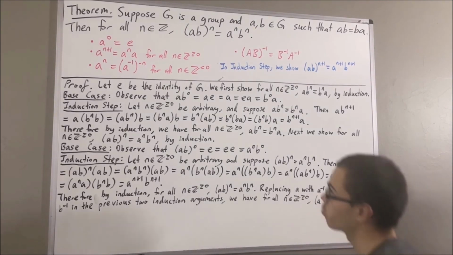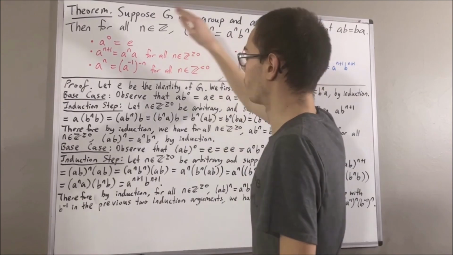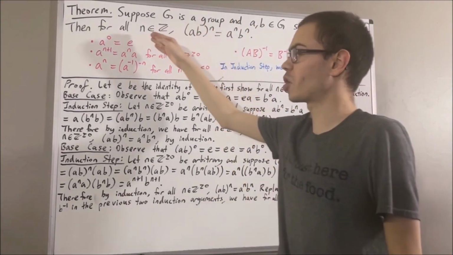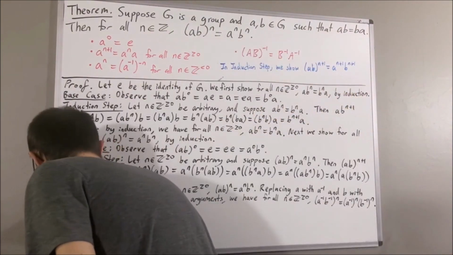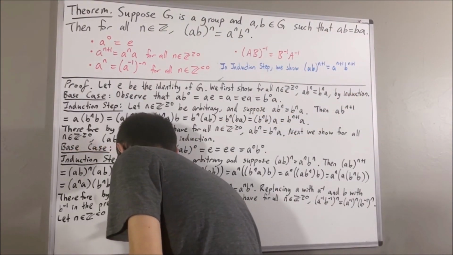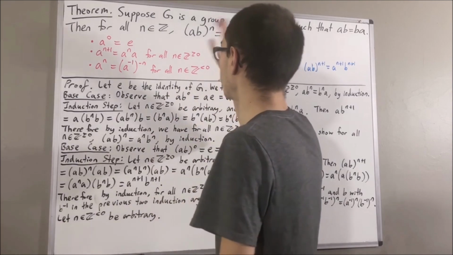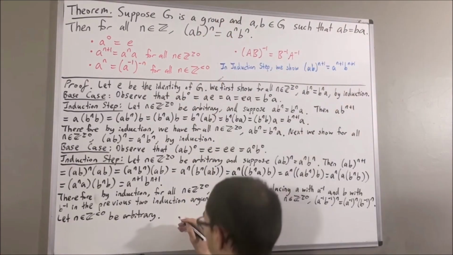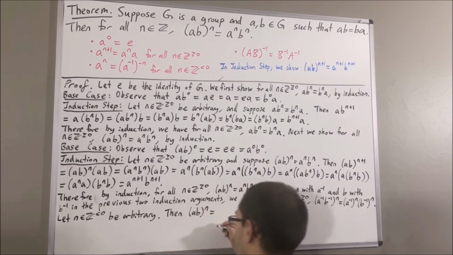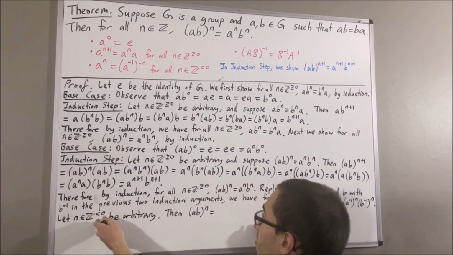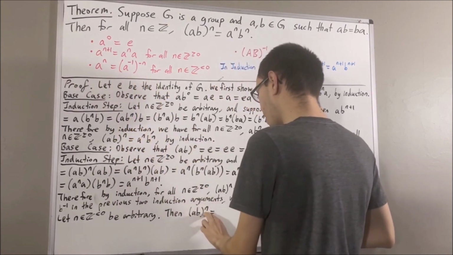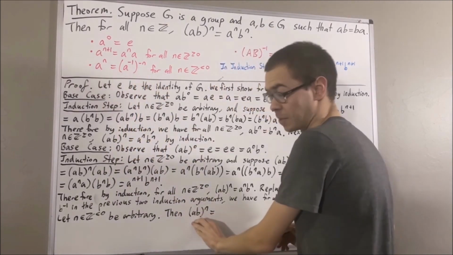So now, let's prove that this equality is true for all integers n less than 0. To do that, let's give ourselves an arbitrary integer n less than 0. And to see that this equality is true, let's start out by writing the left-hand side. Now, since n is a negative integer, from our definition of negative integer exponents, ab to the power of n is the inverse of ab to the power of negative n.